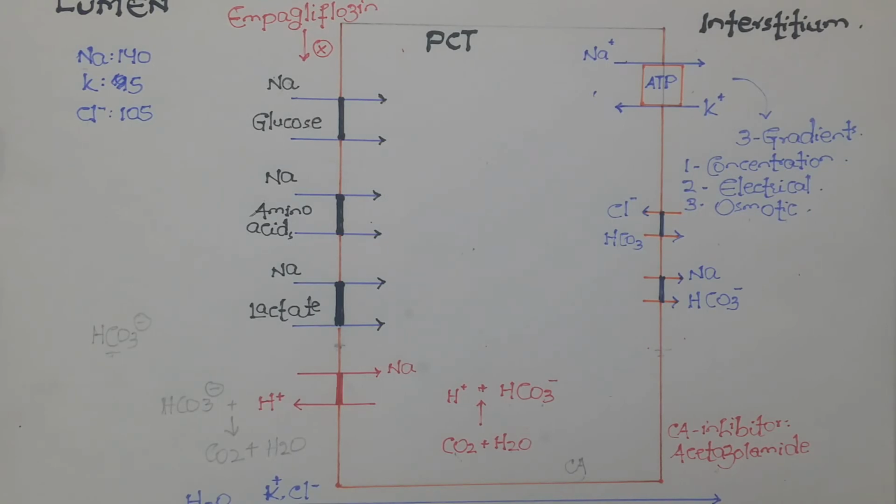At the same time, it reabsorbs about 100% of the filtered load of glucose and amino acids and over 90% of the filtered load of lactate and bicarbonate. If the proximal convoluted tubule fails to reabsorb these substances due to one reason or another, these substances will remain in the tubular lumen and will be delivered to the later segments of the nephron, where the reabsorptive capacity progressively declines.